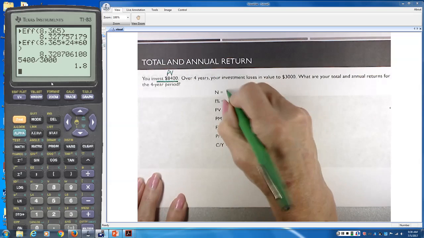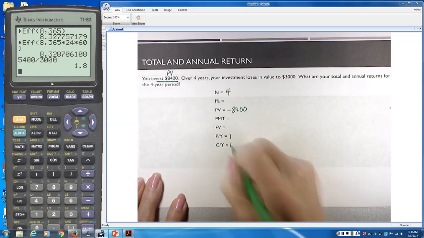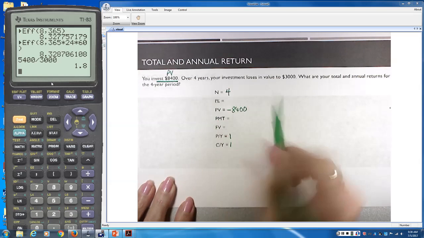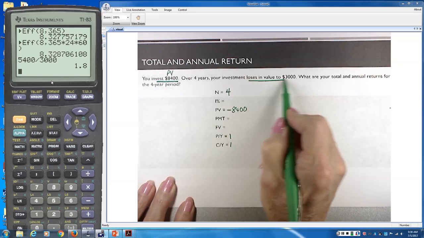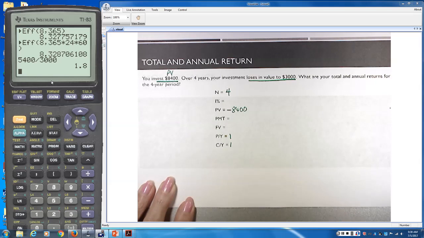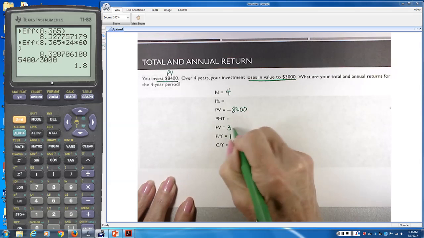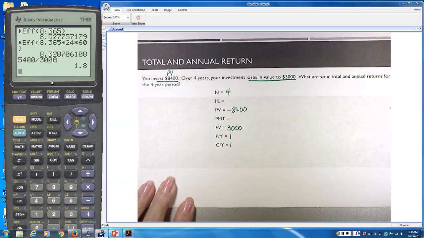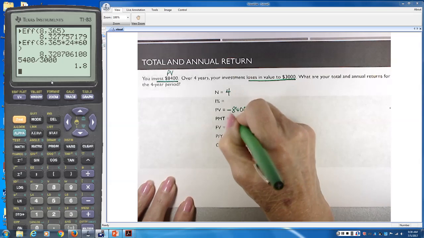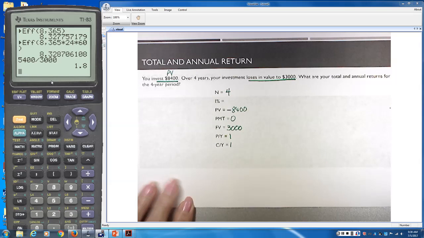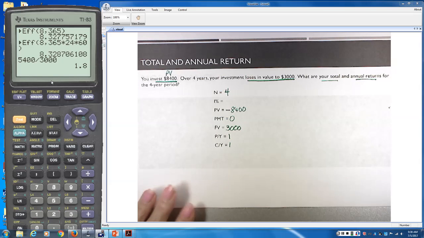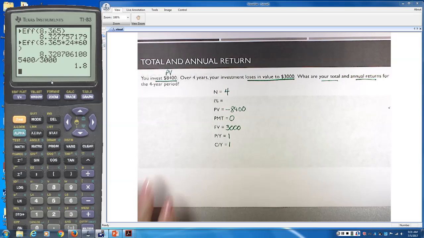Over 4 years, and again, this is going to be once a year, assume, over 4 years, your investment loses value to $3,000. You're making no payments. What are your total and annual returns for the 4-year period, and what's your interest rate?